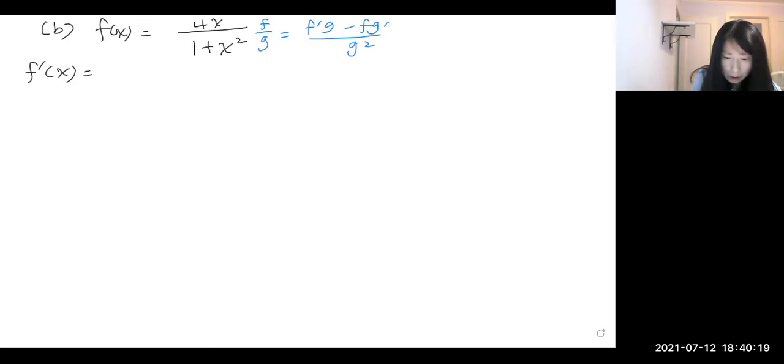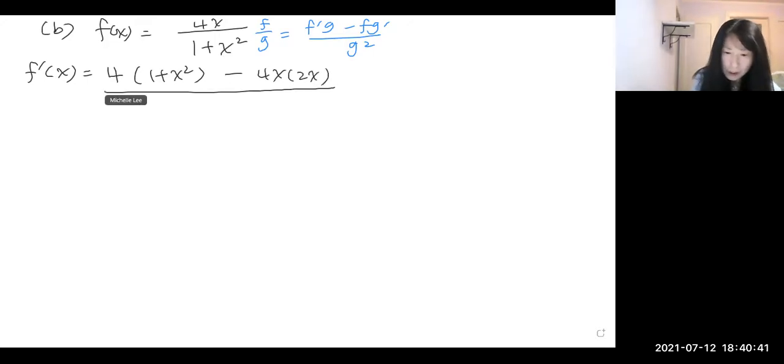It's 4. And g, which is 1 plus x squared, minus f and g prime, 4x times 2x, or 4x, and all over g squared, which is 1 plus x squared, quantity squared, right?